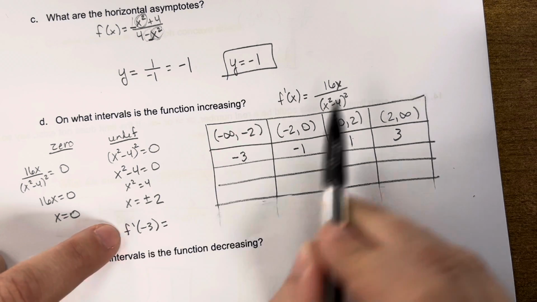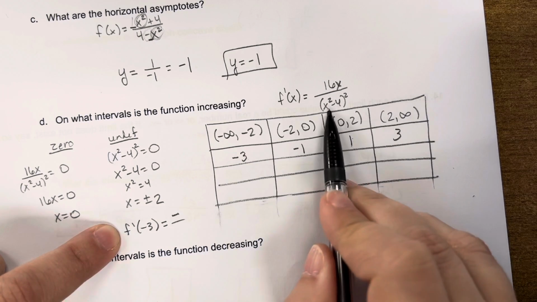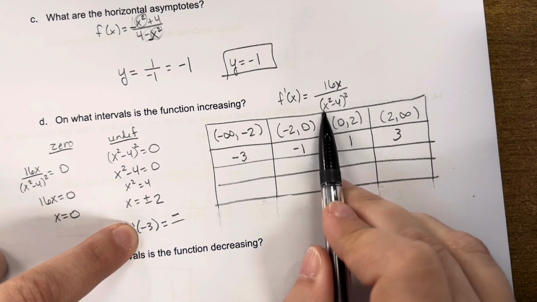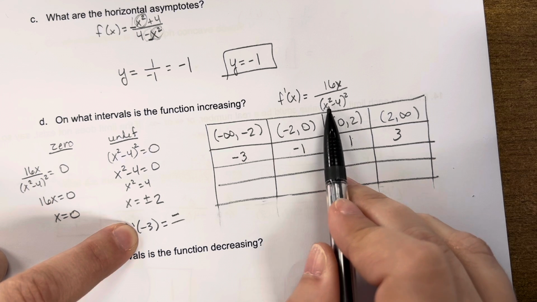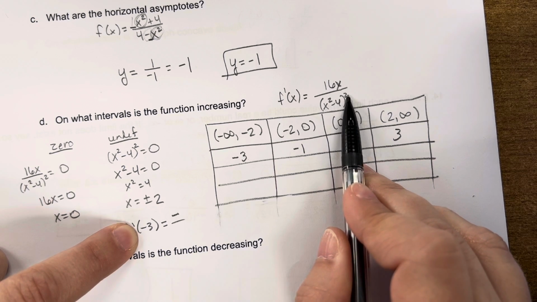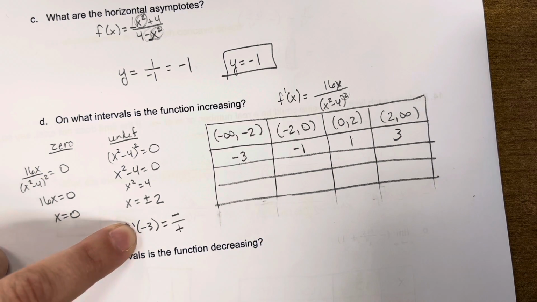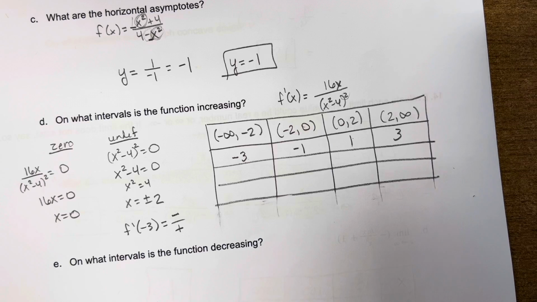So when I plug -3 in right here, this top is definitely going to be negative. The bottom, I've got a -3 squared, so that's a +9, and 9 minus 4 is a positive number, and then I'm going to square it. No matter what, if I'm going to square this, it's going to end up positive in the bottom, so that's an easy way to find these.